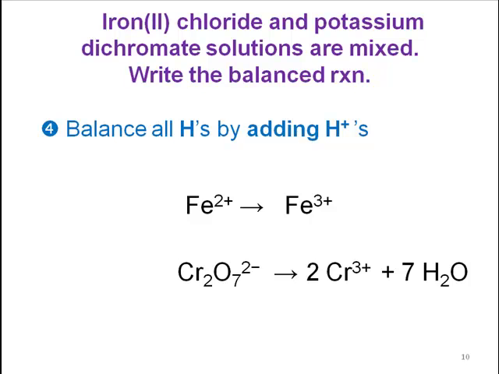You're like, oh man, we didn't have any H's, now we do. Why did I do that? But you got to follow this rule. So you've got how many H's on this side? 14. So 14 H pluses on the other side. All right, that's step 4.